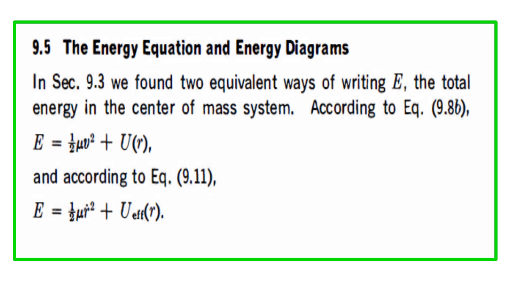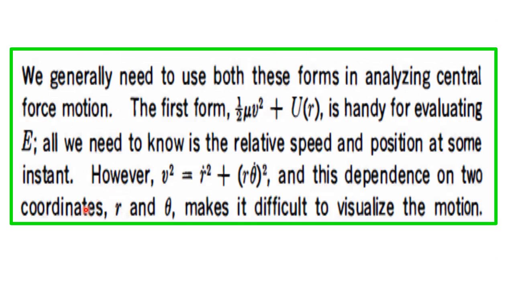Now, if I am going to write this energy in terms of R, that is nothing but half mu R dot square plus U effective. Next slide. We generally need to use both these forms in analyzing central force motion.